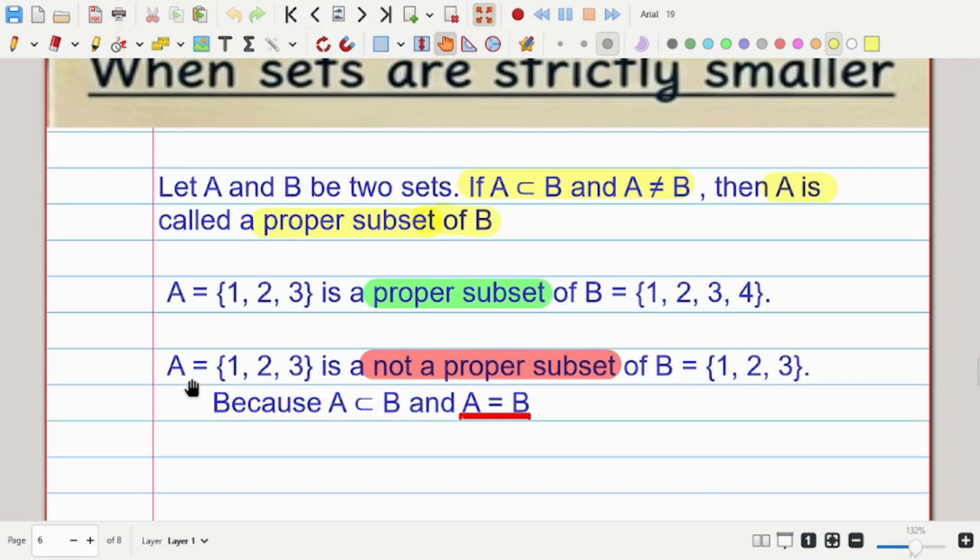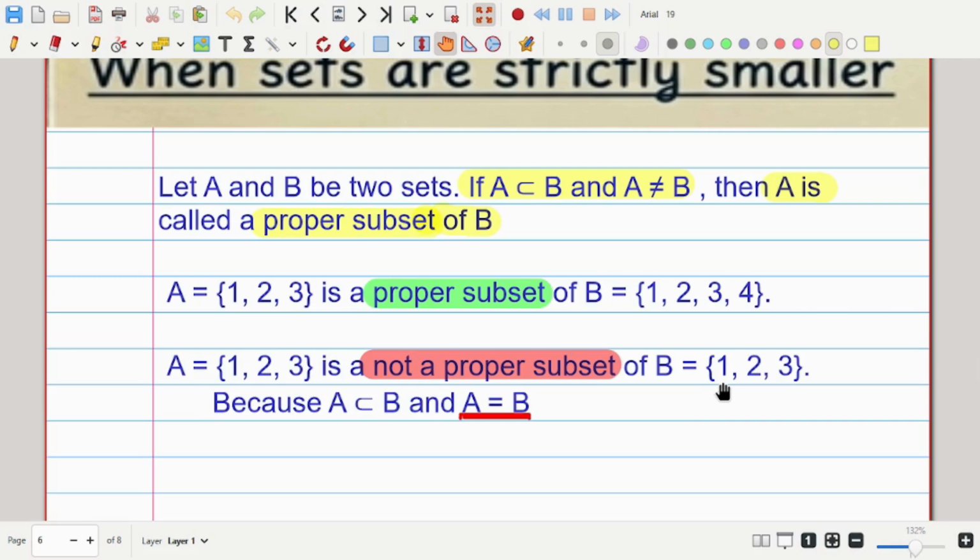Another example, A is the set {1, 2, 3}. B is the set {1, 2, 3}. Now the question is, is A a proper subset of B? To check a proper subset, check two conditions. If A is a subset of B, subset means every element of A must be present in set B. So check for the elements of A. Is 1 present in B?